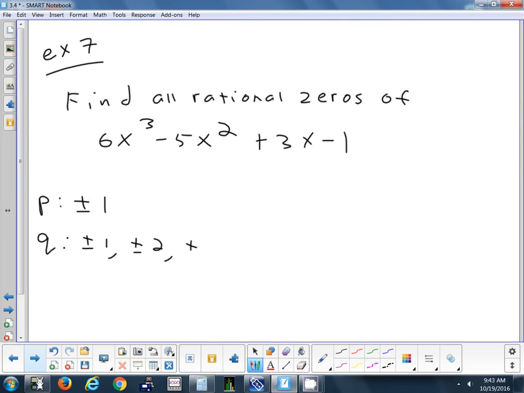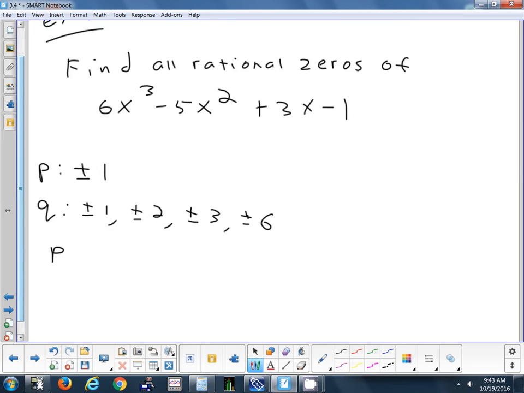1, 2, 3, 6. So what are all the different fractions I could have with a p in the top and a q in the bottom? 1. What else? Negative 1.